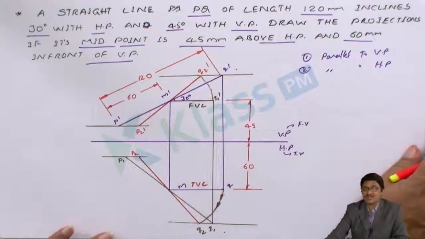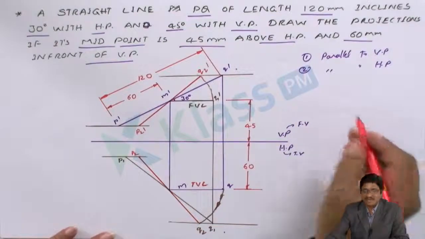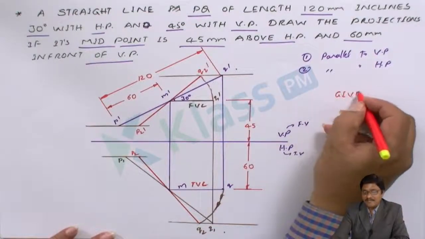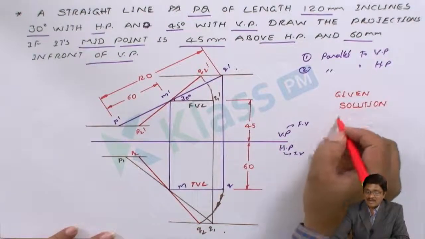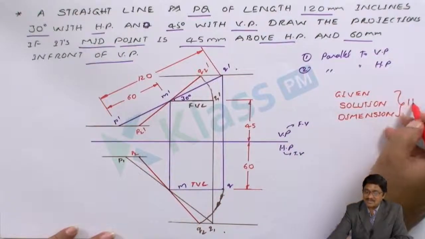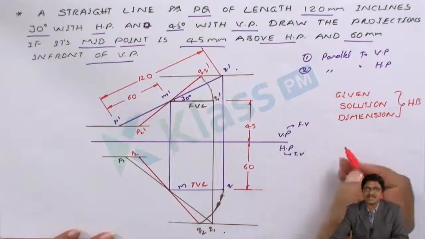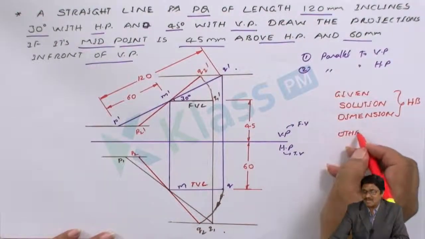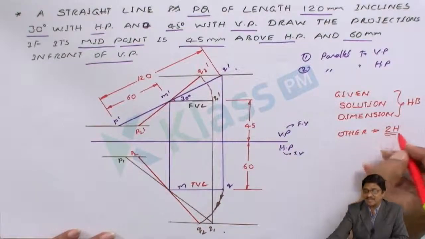But whenever you do any solution, as we stressed many times in the first unit, what has been given, what is the solution, and the dimensions, these three things must be represented carefully as visibly highlighted. So use an HB pencil. All the remaining lines you have to draw very light using the 2H pencil.